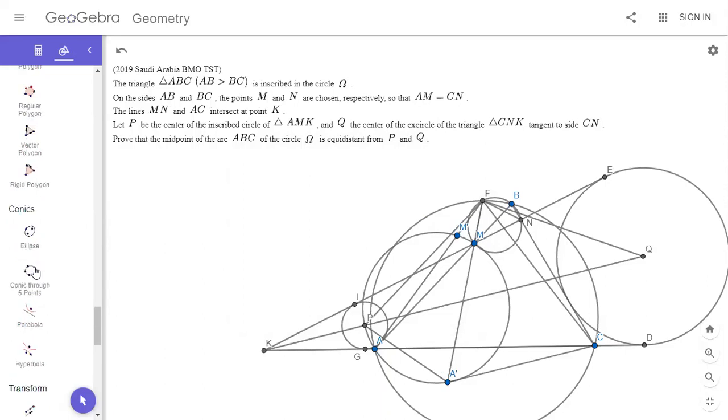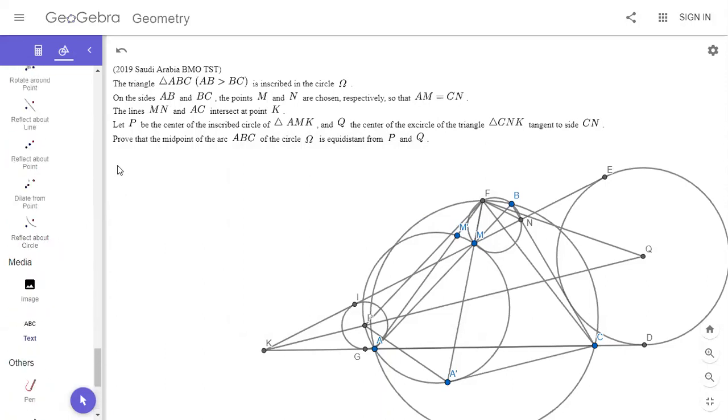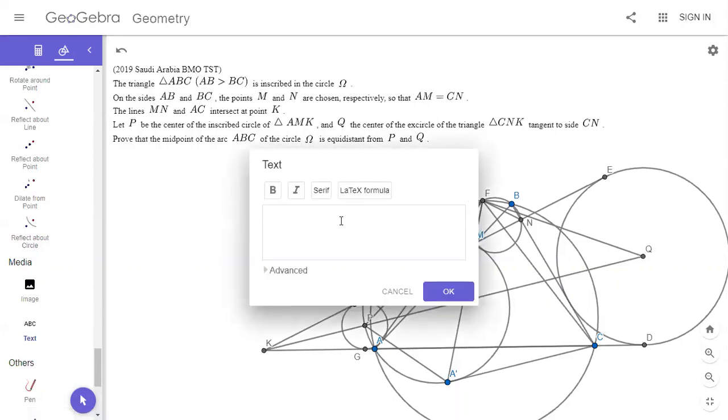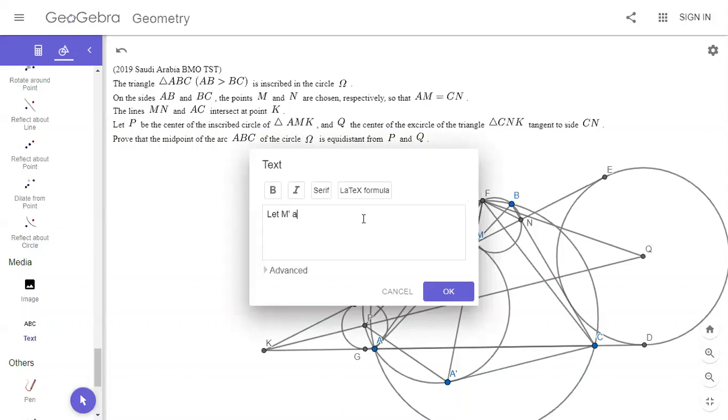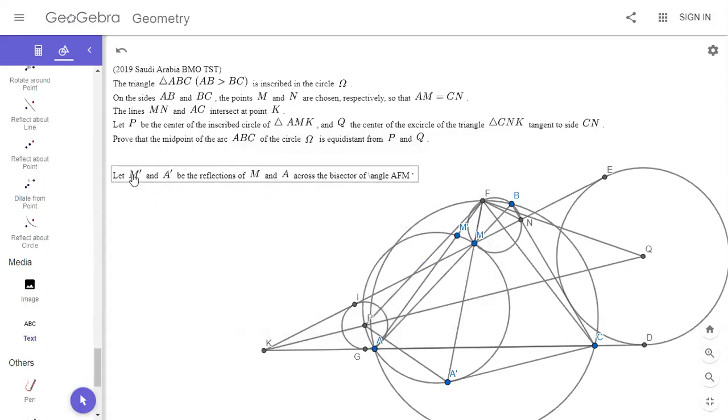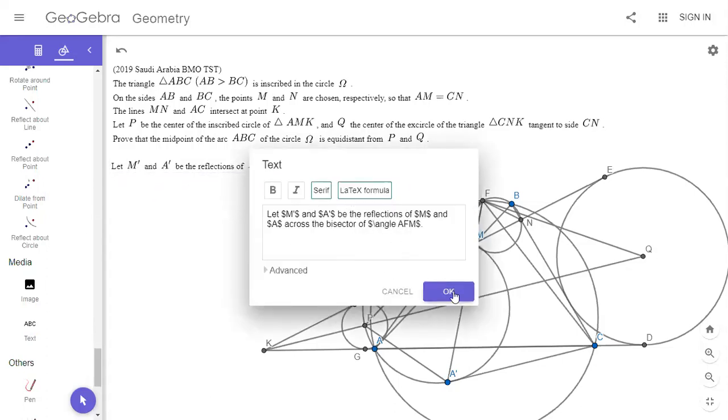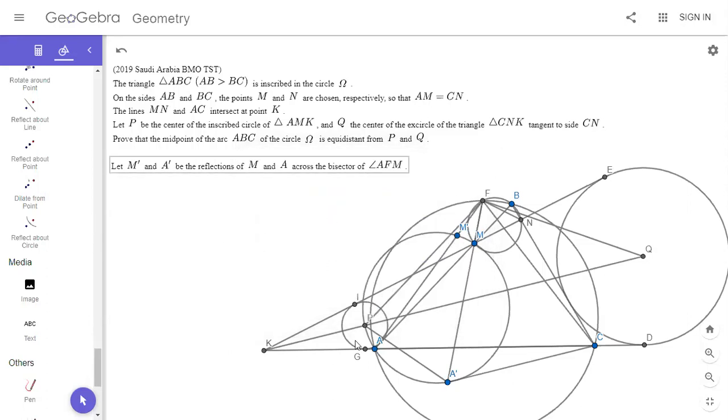That's the first step. So then FM is FM prime and FA is FA prime.